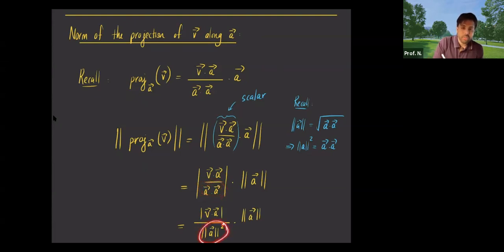This is a number squared, and this is a number, a real number. And what happens? This here cancels.